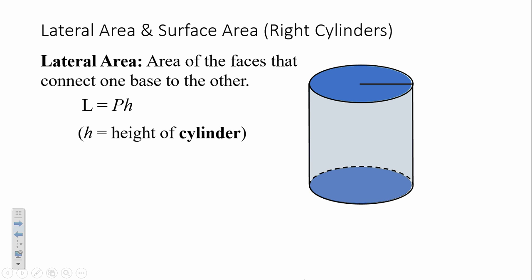What does perimeter mean? The outside, the distance around, right? So how do you find the distance around a circle? Radius times 2 times pi, or the circumference, okay? So you can substitute mentally, or you can write it from the beginning as 2 pi r for the circumference times the height of the cylinder.